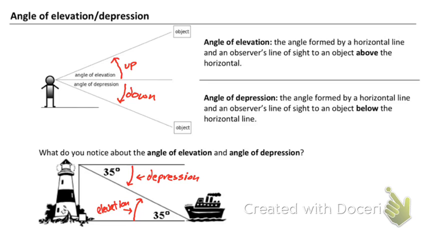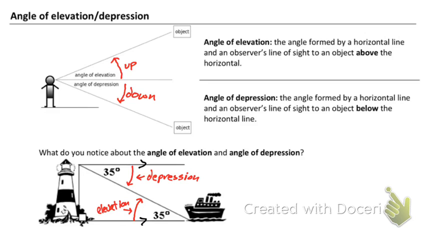Now here's the important part. Note that this angle of depression is the same degree measure as this angle of elevation. And it always will work that way because we have two horizontal lines. This is parallel to that line.